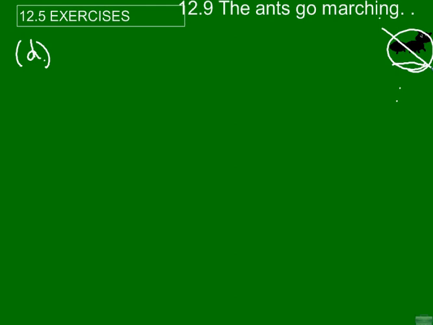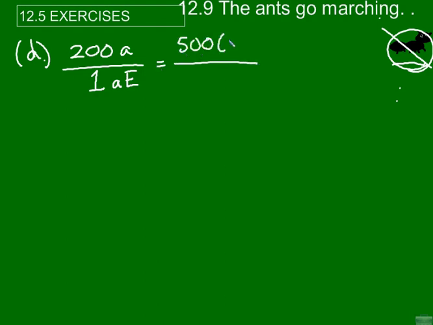But so far, they are not staying on the same deck. Some sort of separation issue going on here. All right, so here's what we're going to do. We got a ratio that we want 200 ants to every 1 anteater, right? So if I can get an equation for the anteaters and divide that into the equation for my ants, I'm golden.